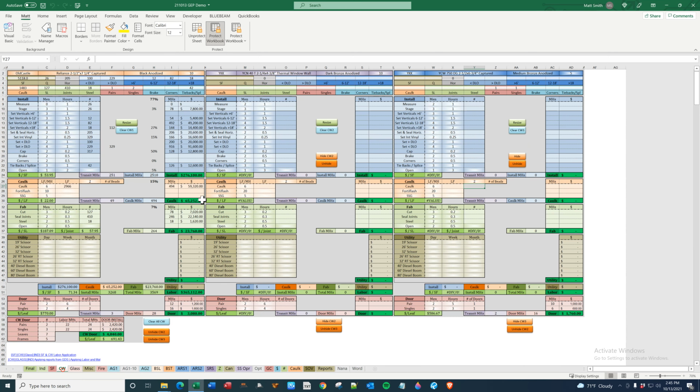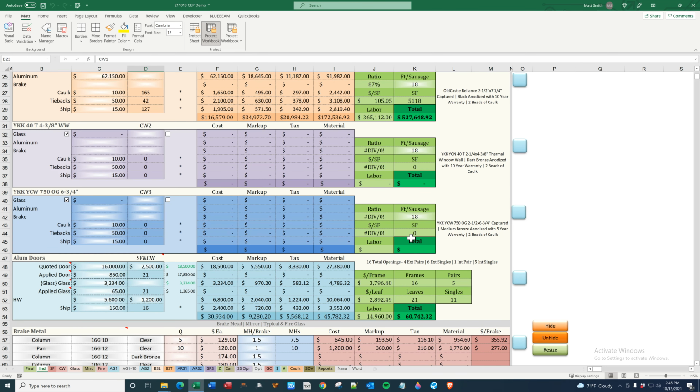And curtain wall, it will pull it from here, combine them, and provide you a total price for all of your doors. If you put in one pair here, since it's in the interior, CW3, it will show on Easy Proposal as one interior pair.